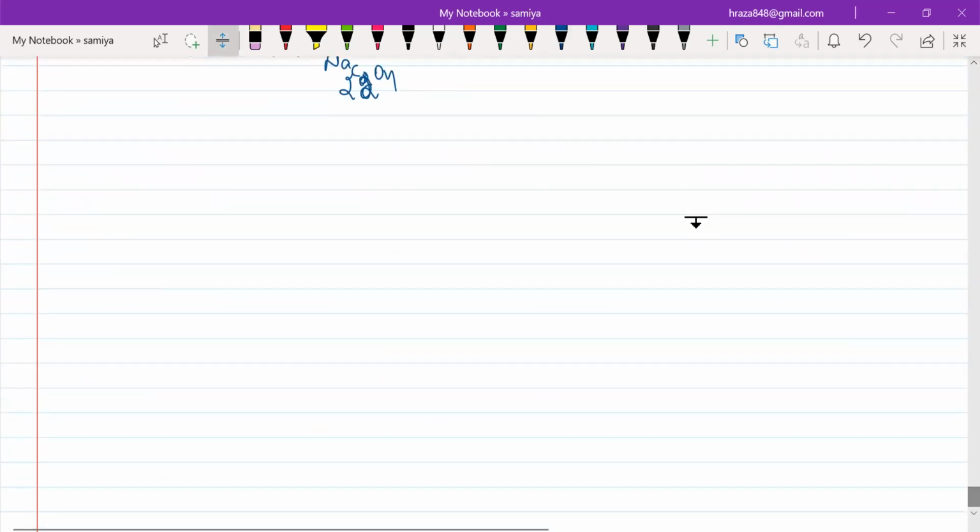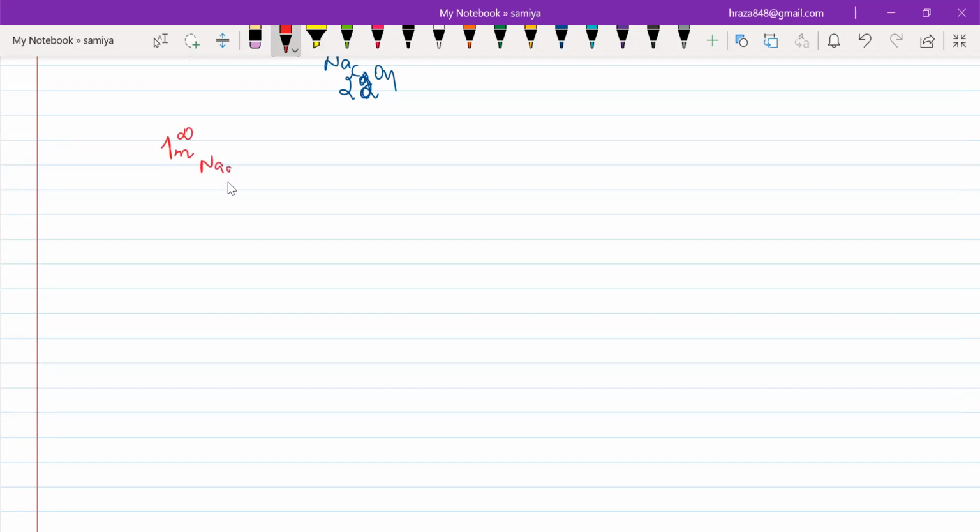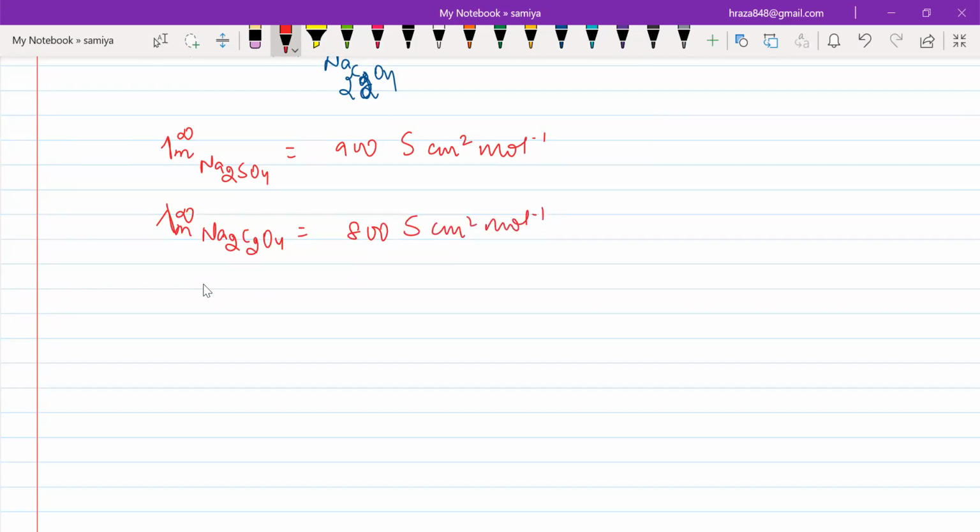Now tell me the value of lambda m infinity for Na2SO4: 900 Siemens centimeter square per mole. Lambda m infinity for Na2C2O4 is 800 Siemens centimeter square per mole, and lambda infinity m for H2SO4 is given as 700 Siemens centimeter square per mole.